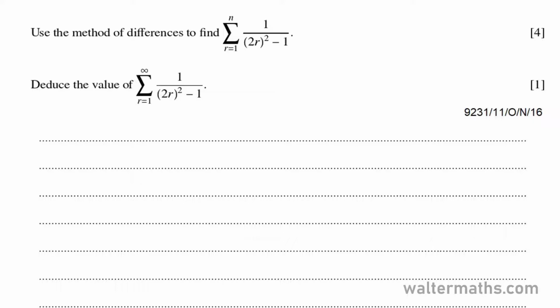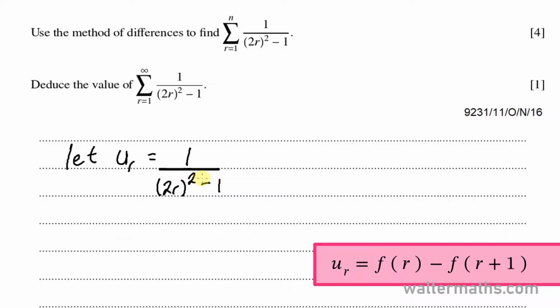So let's start with that first part. Here I'll say, let u sub r be equal to 1 over 2r squared minus 1. And the goal here is to express u sub r as a difference of two functions. In order for me to do that, I'm going to break down u sub r into its partial fractions.